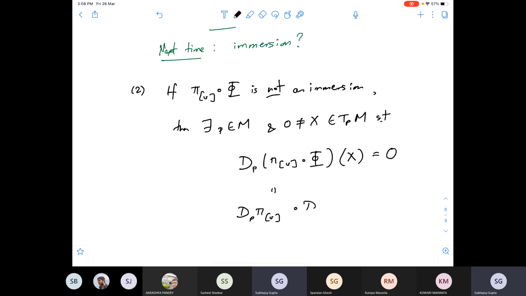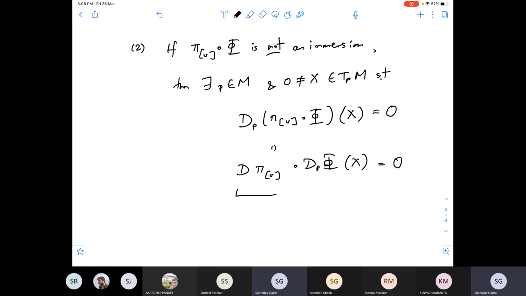So it's d_p of phi here, and then it's the derivative of this map at phi of p. So it's a composition of these two derivatives by the chain rule applied to x equals 0.